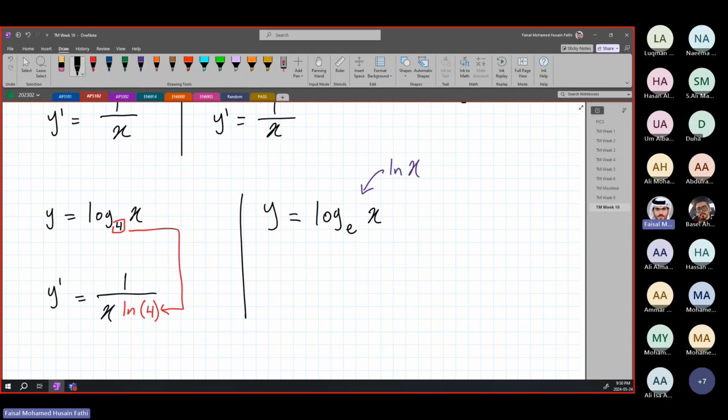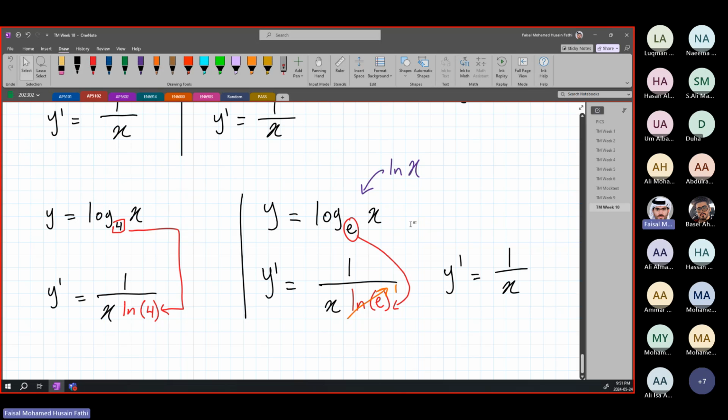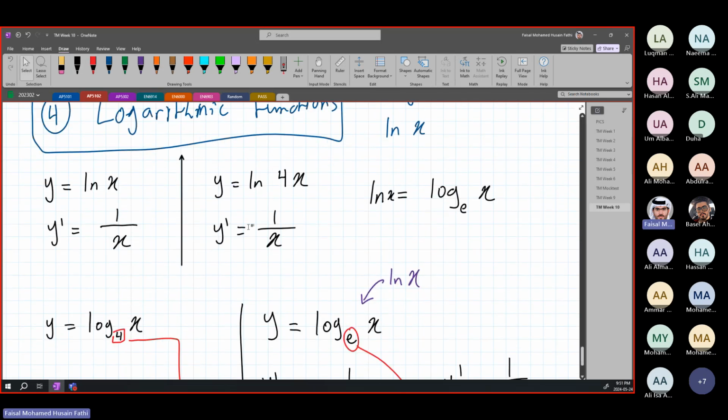If we do this in the same form, y prime is going to be equal to 1 over x times ln of the base e. But we already established earlier that ln e is simply equal to 1. That's why y prime is equal to 1 over x. So when you have ln, it's simply 1 over x.